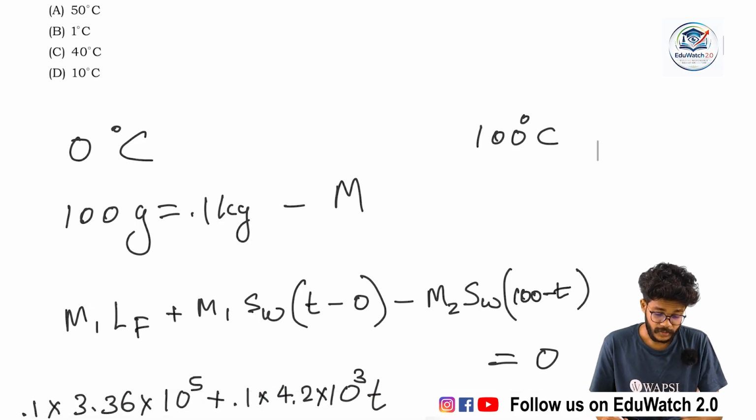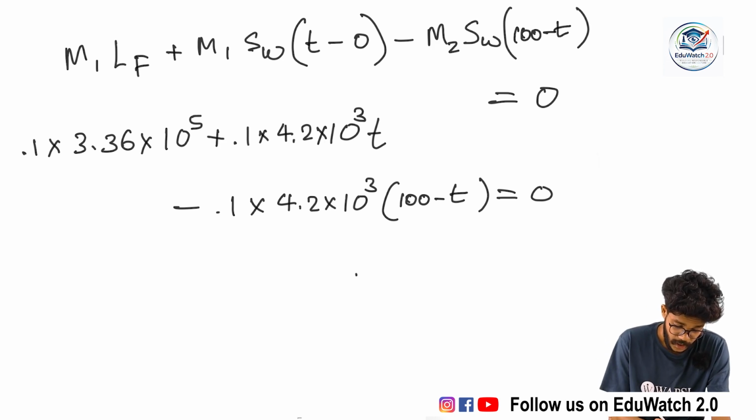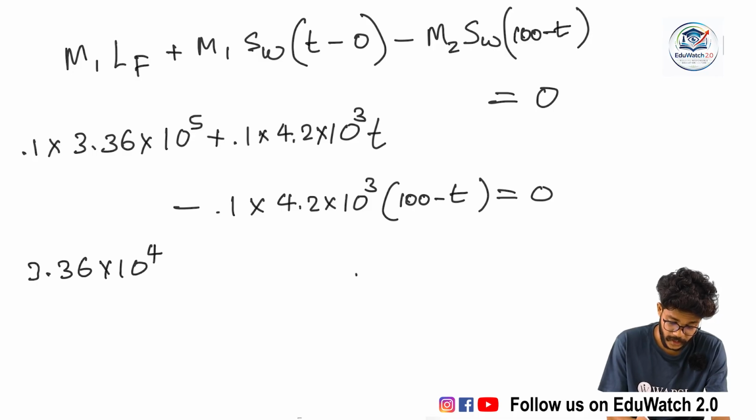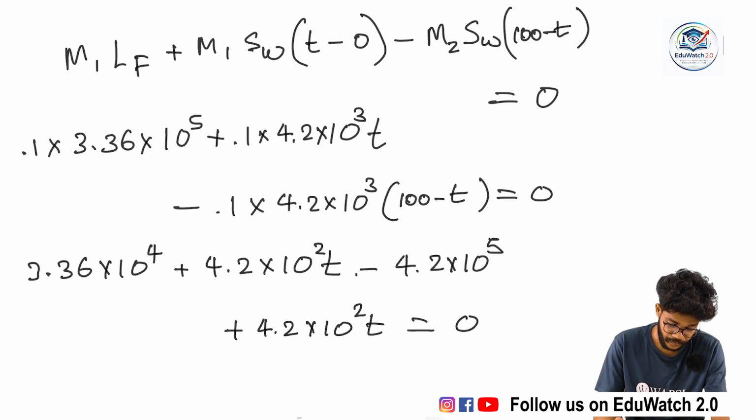Then we can open our bracket, which gives 0.1 into 10 raised to 5 is 10 raised to 4. So 3.36 into 10 raised to 4 plus 4.2 into 10 raised to 2 T minus 4.2 into 10 raised to 4, plus 4.2 into 10 raised to 2 T equal to 0.